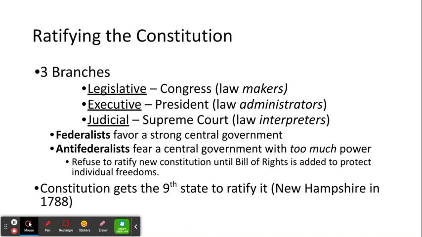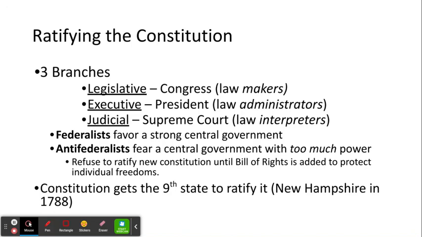But there was this other group of people, a little bit maybe more conservative, you might say, called the Anti-Federalists. And what they realized pretty quickly was there's not specifically something in the Constitution itself to stop the government from taking power away from individual people. So the Anti-Federalists kind of all went on strike, so to speak, and they all said, we refuse to sign this. We're not going to ratify this.